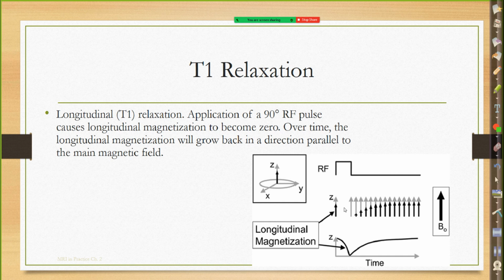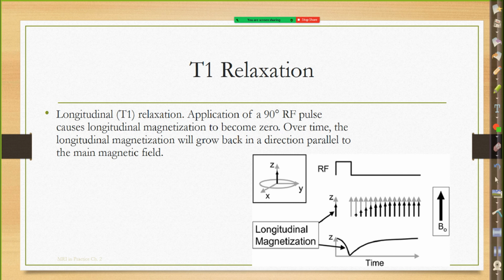So when that RF pulse is applied, the longitudinal magnetization goes down to 0, right? Because now it's in the transverse plane. But the moment this RF pulse turns off, and that's why it's drawn right at the same point where it's turned off, those tissues start to relax back up the longitudinal plane.